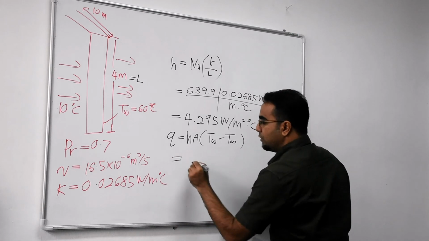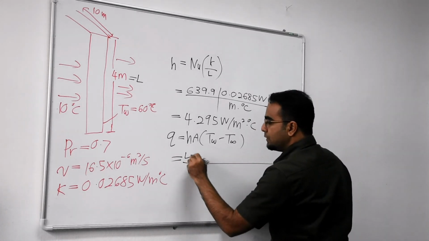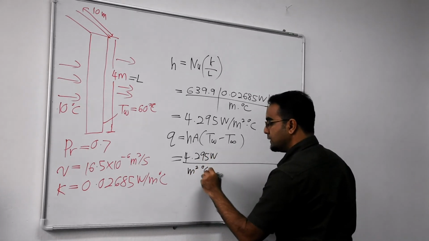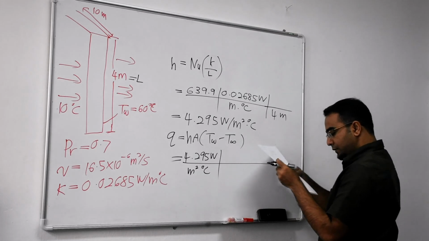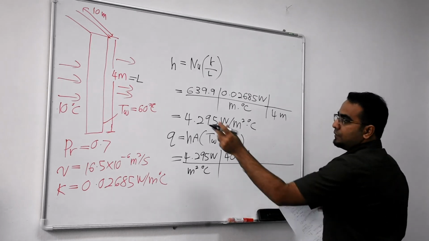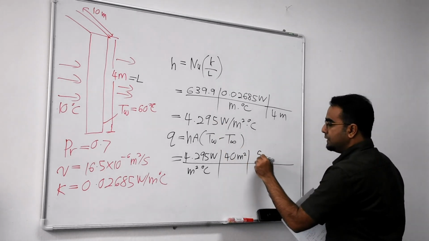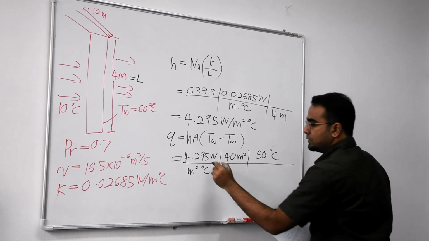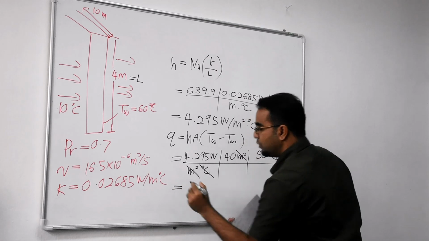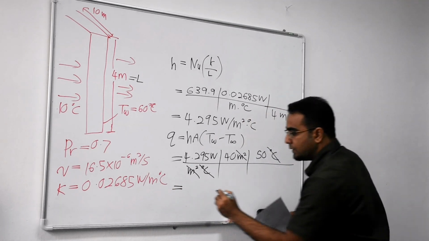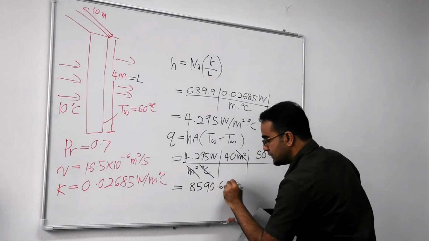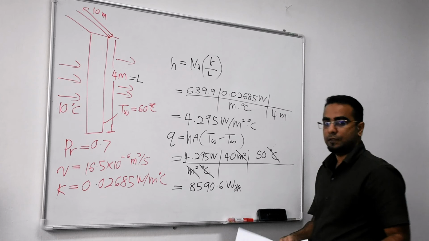So Q is 4.295 watt per meter squared degree Celsius times 40 meter squared times 50 degrees Celsius. Cancel out meter squared with meter squared, degree Celsius with degree Celsius. You get a Q value of 8590.6 watt. That is the final answer.